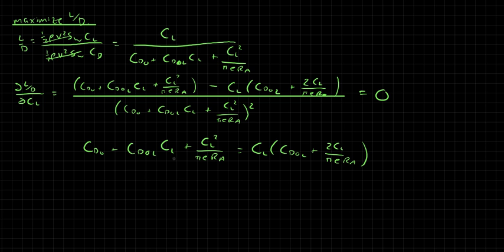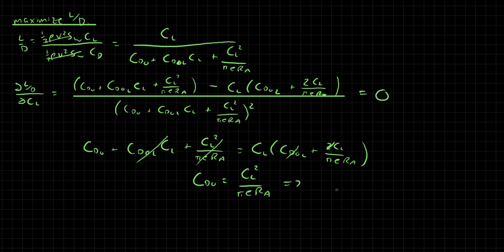Okay, so there's some terms that can cancel out, right? So this cancels with this because we have CL times CD naught L. And we get rid of this 2 here because we already have one here. So we would subtract this over, right? Of course, when we have CL squared over pi ERA. And what this all boils down to then is that CD naught equals CL squared over pi ERA.